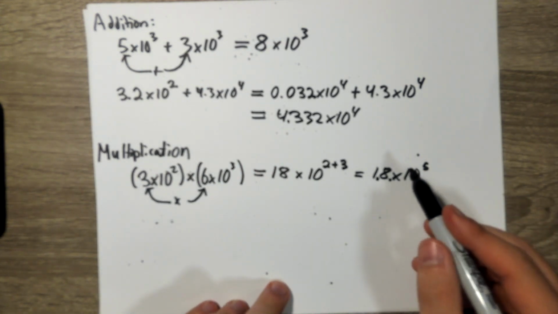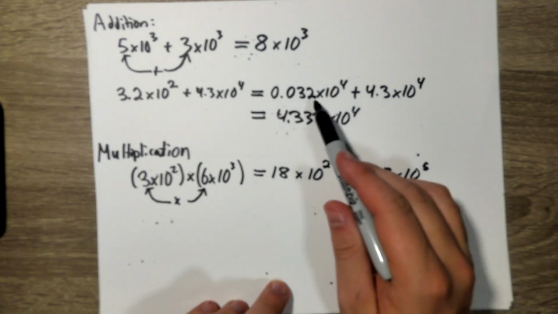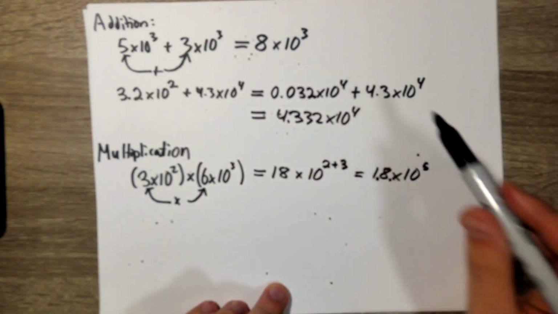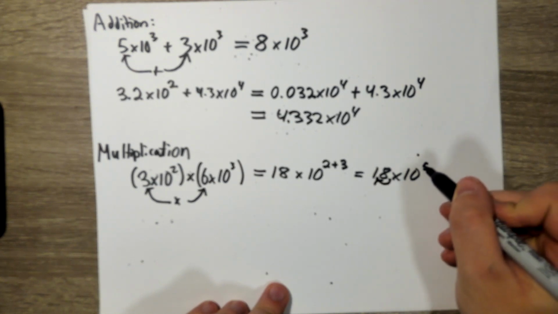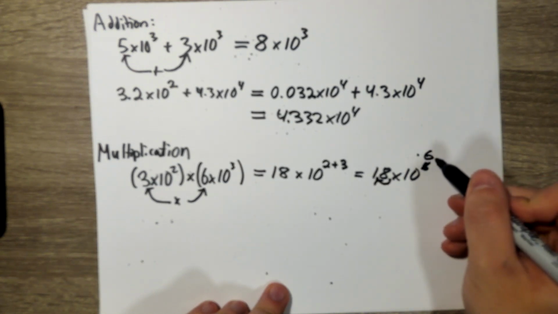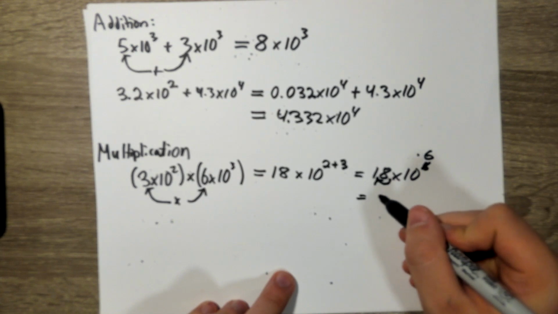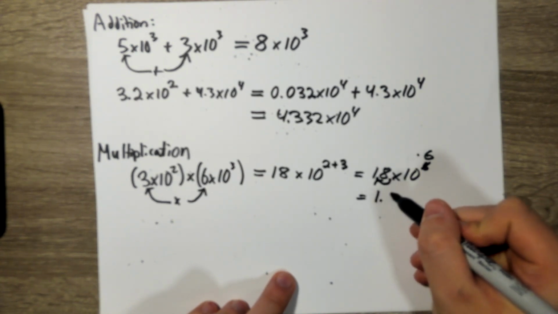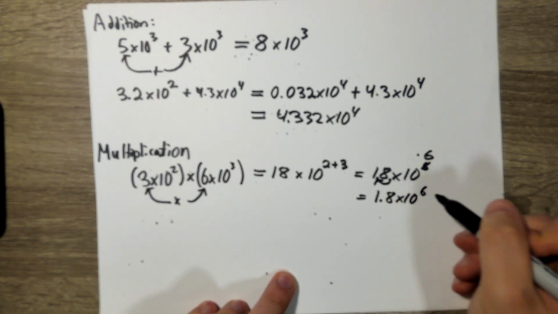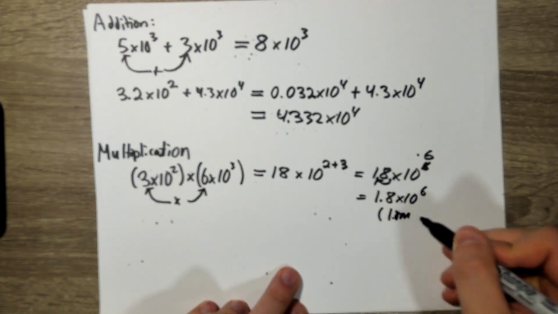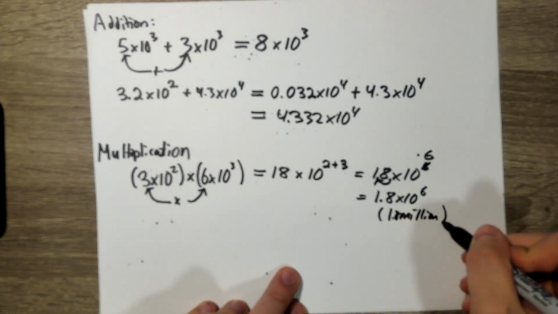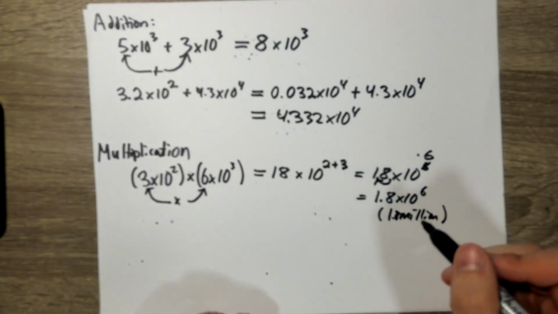So what you can do, similar to what we did earlier, is move the decimal back 1 and then increase the exponent. So instead of 18 times 10 to the 5, you get 1.8 times 10 to the 6, which is also known as 1.8 million. And so that's how you do that.